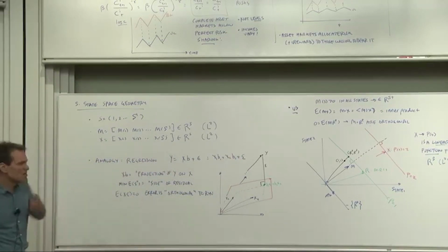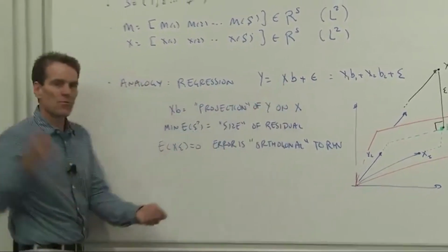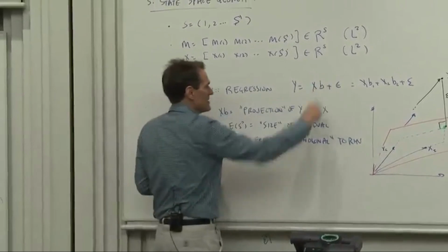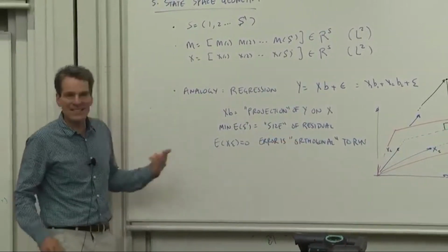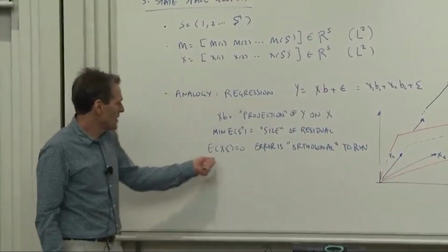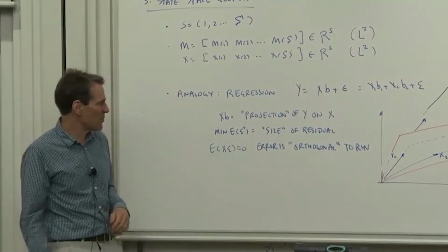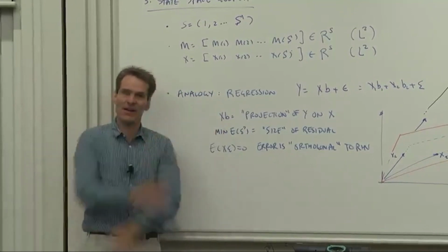And we use all sorts of geometric language to describe that. We call x times b the projection of y on x. We call the error the size, and we call minimizing the size of the error the thing that the regression tries to do. When we notice that there's no second moment between the errors and the right-hand variable, we say the error is orthogonal to the right-hand variable. Orthogonal meaning at right angles.